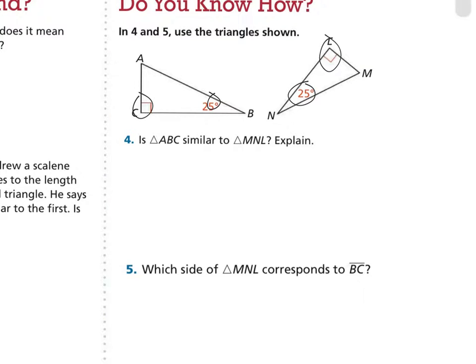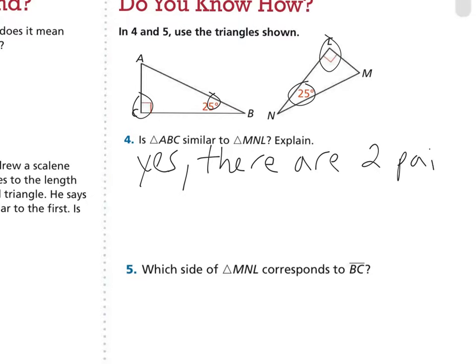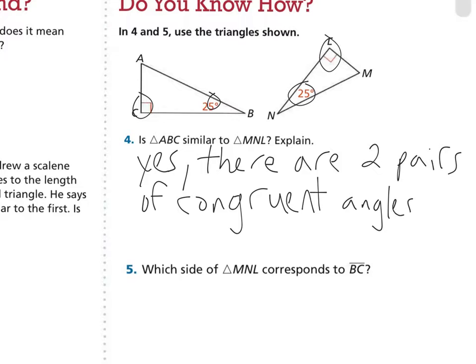So we can say yes, these are similar because we could say there are two pairs of congruent angles. Congruent just means that they're the same measure as each other. The angles are equal, basically. Okay, so those would be similar, first of all.